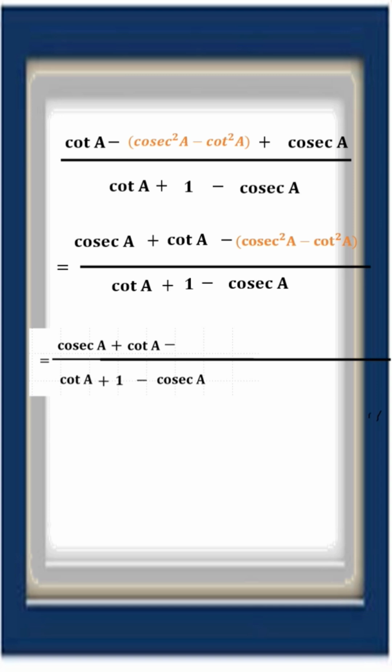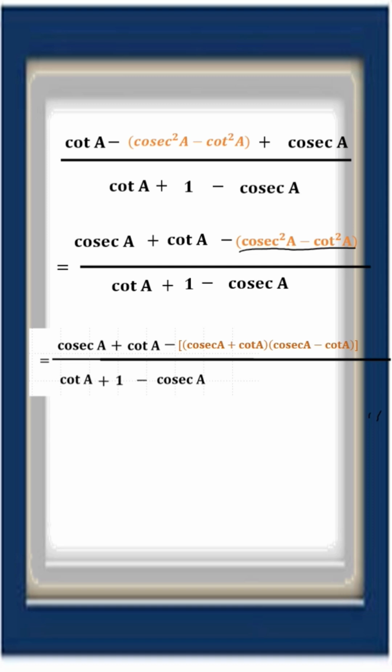The expression in the bracket can be written as cosecant A plus cot A into cosecant A minus cot A, by using the identity A square minus B square is equal to A plus B into A minus B.